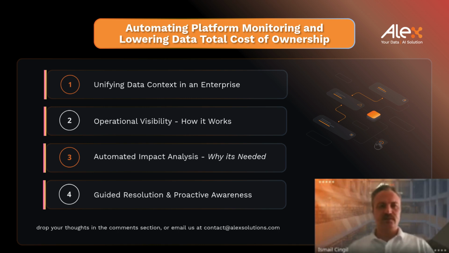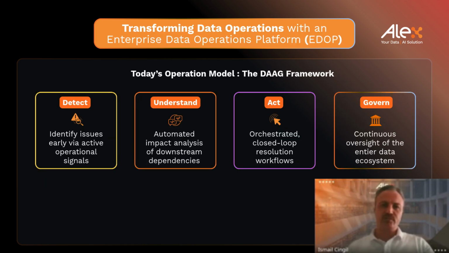As you know, modern data platforms are the engines driving our businesses and AI initiatives. But manual firefighting and broken pipelines continue to drain resources and erode trust in our data. Today, we are going to show you how an enterprise data operations platform acts as a unified control plane over your entire complex ecosystem.